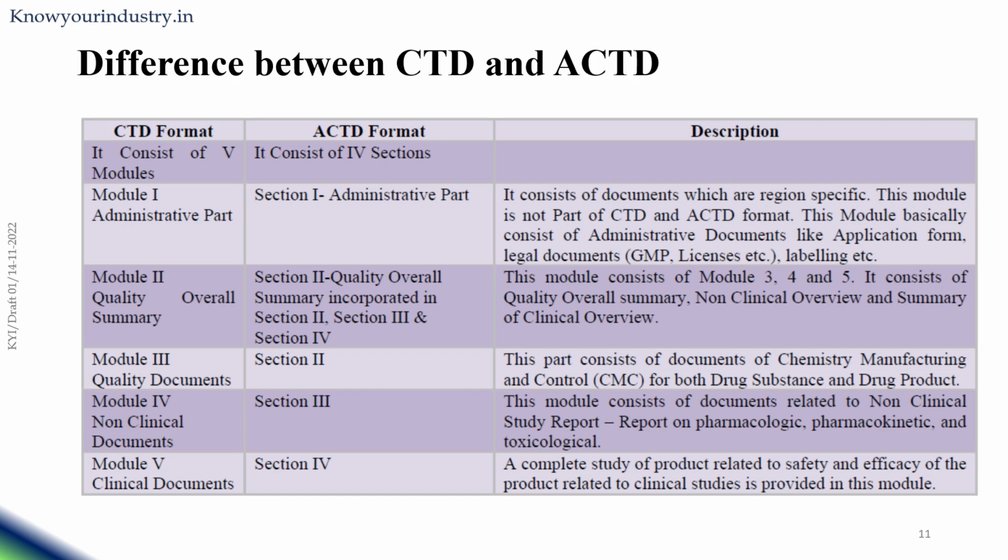It consists of the quality overall summary, non-clinical overview and summary of clinical overview. In ICH CTD, module 3 is all about the quality documents, and in ACTD, all the quality documents are submitted under part 2 or section 2.